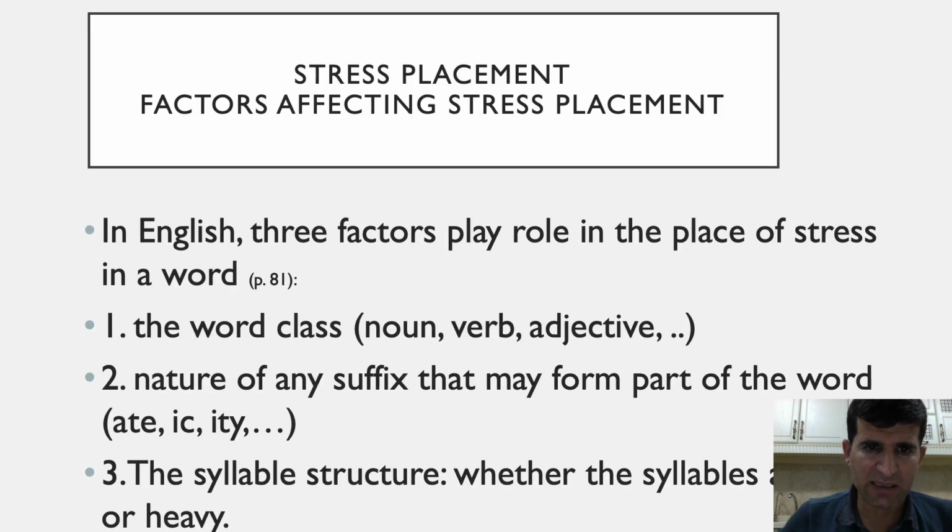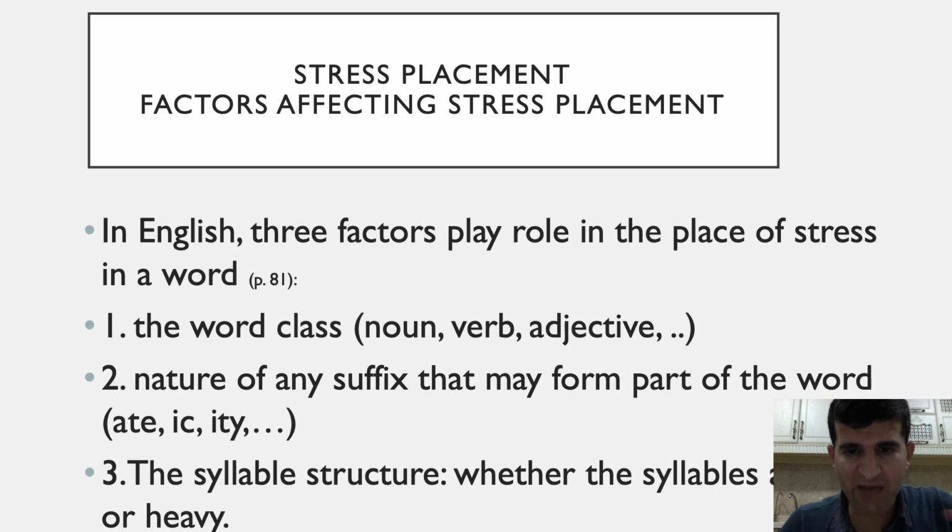finally, stress placement. This is kind of like opening a can of worms. It means it's a big problem. It's not easy. Some phonologists and linguists say that if you want to master English stress, while you learn the meaning of a word in your dictionary, try to know where the stress is.